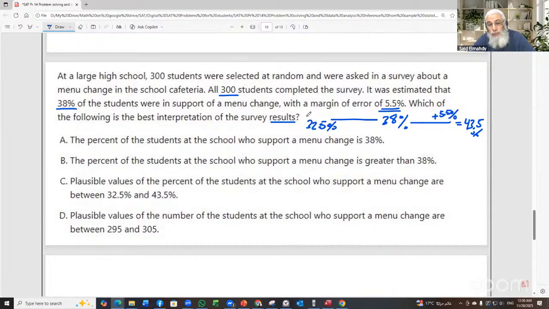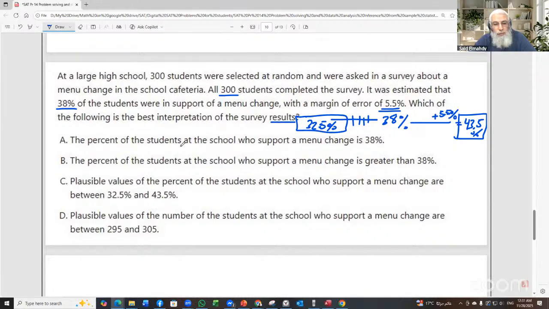So any number between 32.5% and 43.5%, this could be the result because we have a margin of error. So the result could be 33, 34, 35, 38, 39, 40, 41, any number between 32.5% and 43.5%.